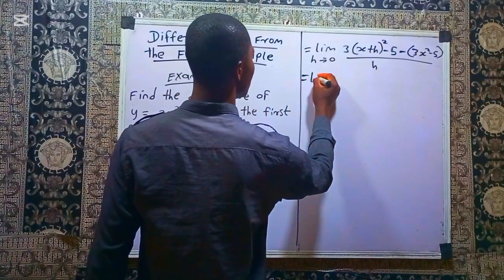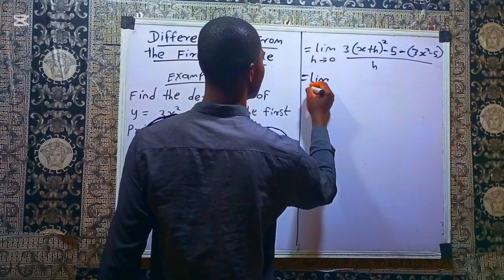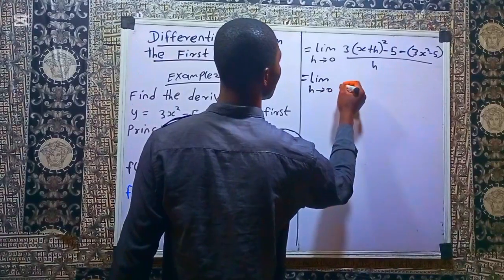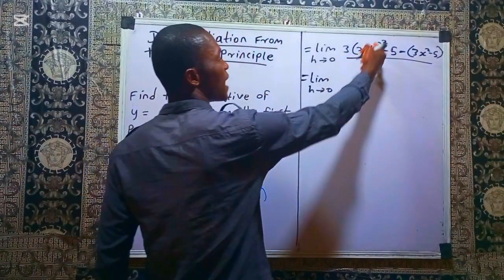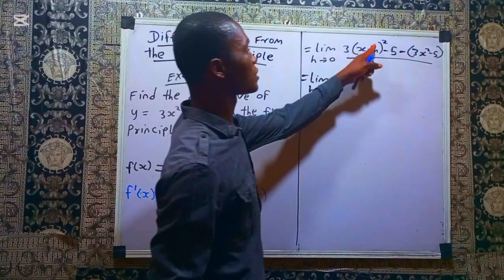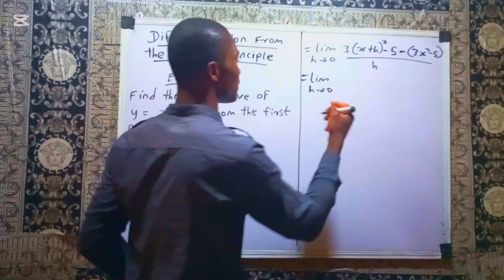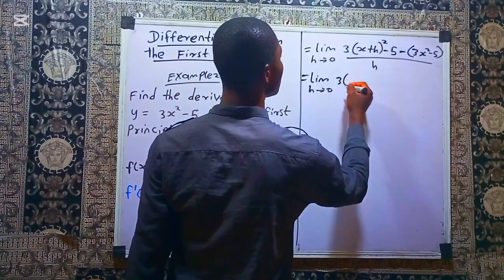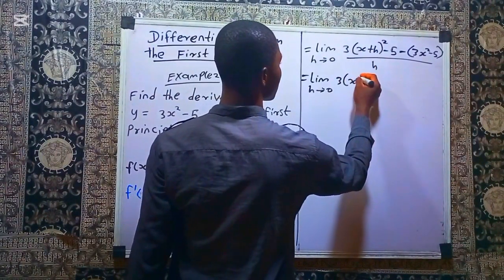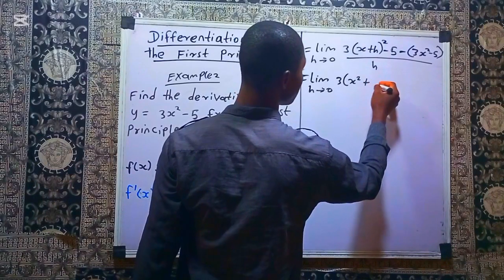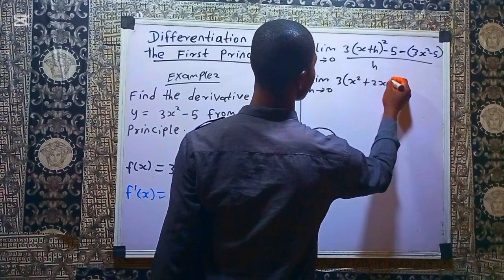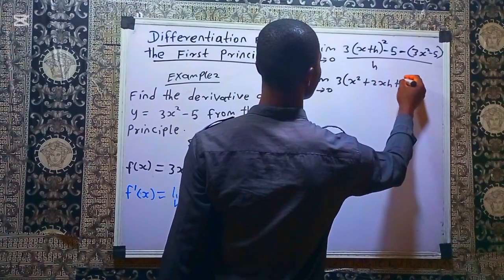So this will be the limit as h goes to 0 of, you have to expand this because you have x plus h all squared. This will be 3 into x squared plus 2xh plus h squared.